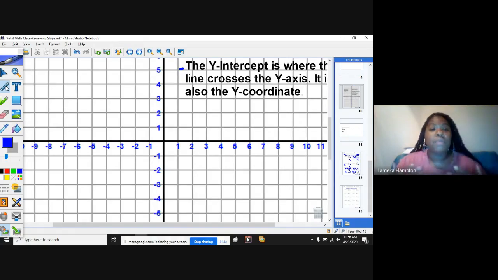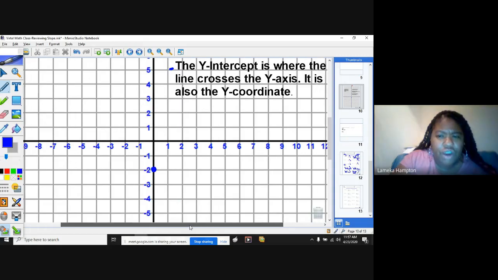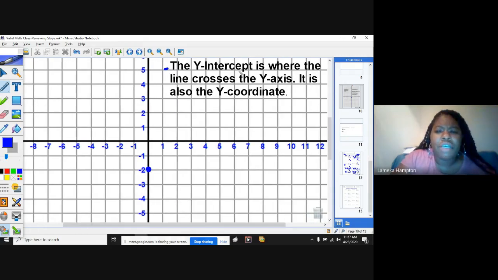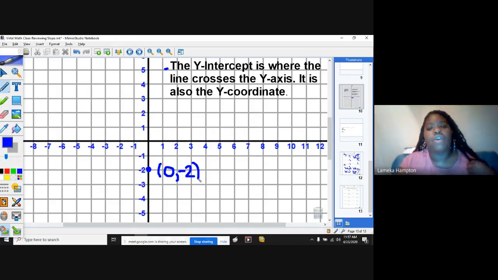Because my y-intercept is -2, I am going to draw a little dot at this -2. Remember, the y-intercept is where the line crosses the y-axis, and it is also the y-coordinate. If I were to write this as a coordinate, it would be 0, -2. Do you all see the correlation between the y-coordinate and the y-intercept?